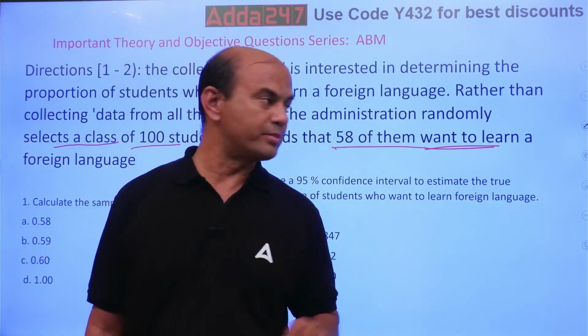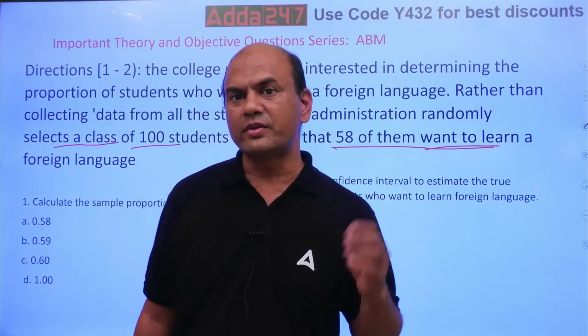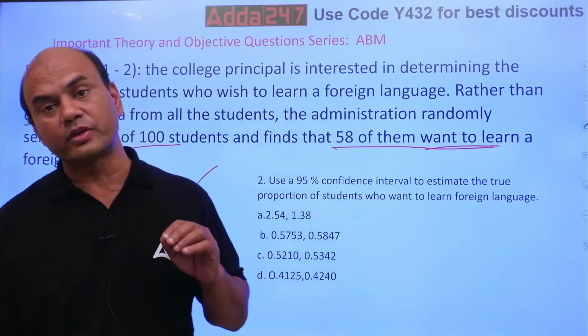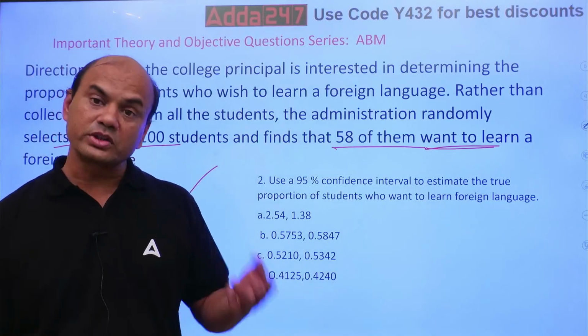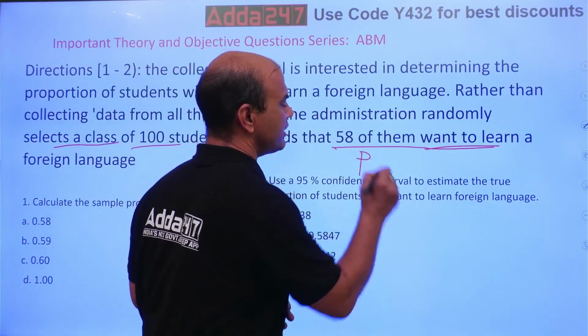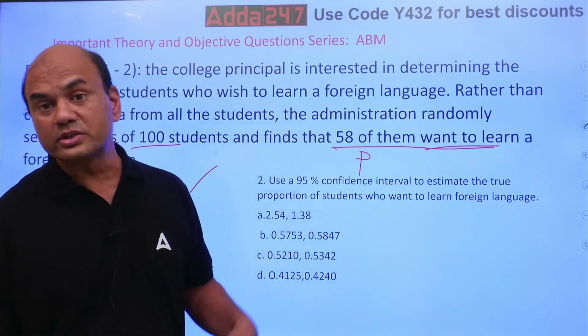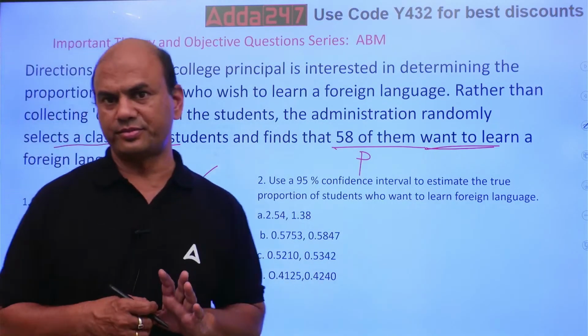I'll explain. Suppose they have asked who wants to learn. Then success will be who wants to learn. Success is known as P. So P equals who wants to learn.